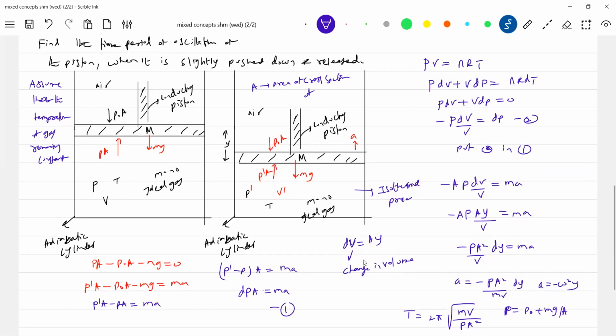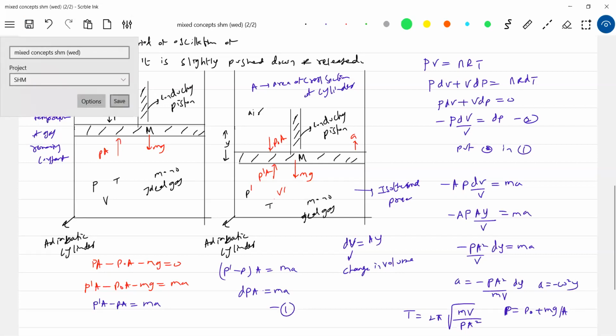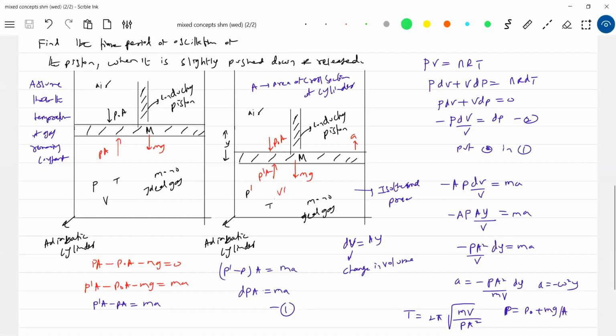Area of cross section of cylinder or piston, both are the same. Some very important things are there here. The problem is not just over: who will execute SHM, gas or piston? The piston. Therefore the question says find the time period of oscillations of the piston when it's slightly pushed down and released. So what is P? P naught plus mg by A. What is V? Initial volume of the gas.